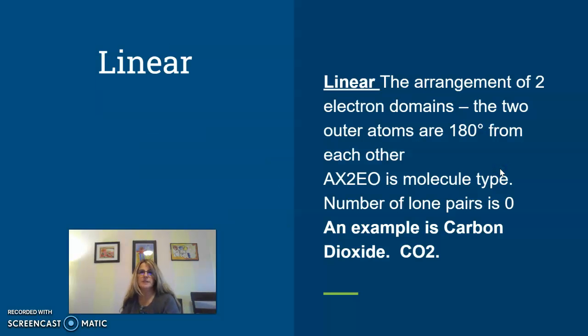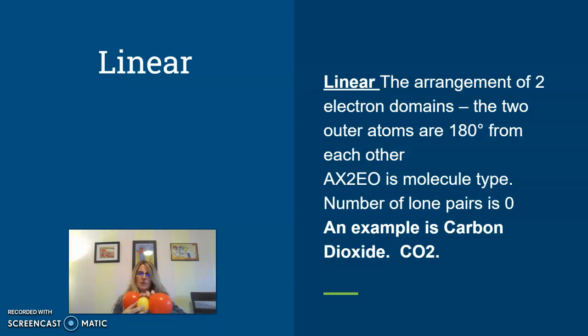All right, so the first one that we're going to talk about is the linear, and that one has an arrangement of two electron domains. So here's the two, and then a central domain, and there is an 80-degree angle here.